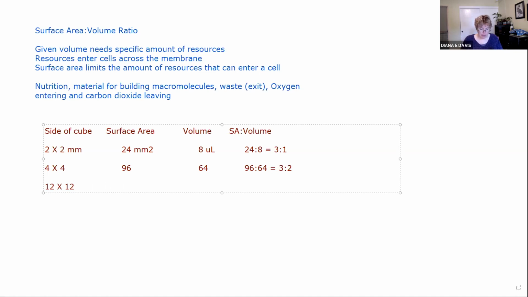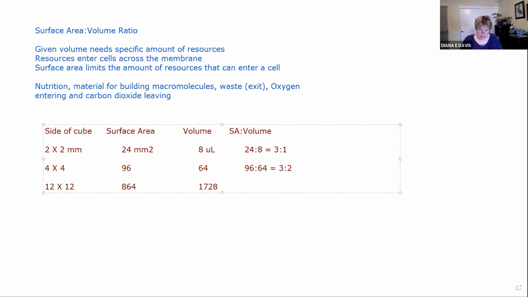If we do 12 by 12, oops, surface area is 864. Volume is 1,728.